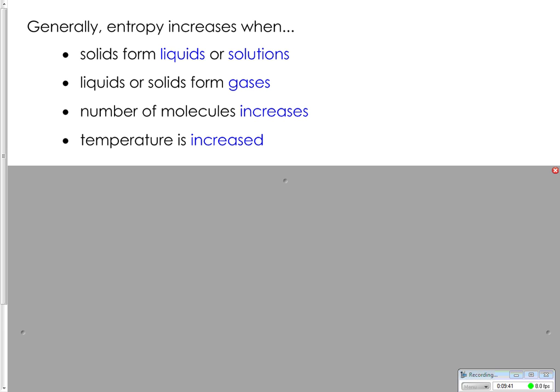And then if you have the number of molecules, so here's an example of what I'm talking about. Let's say I have H2 plus O2 makes H2O. Now we know we have to balance this, and let's just assume all of these are in the gas phase. Okay, when I balance this, I need 2 H2Os and 2 H2s.